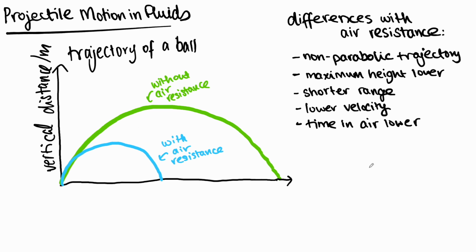You can probably see from my terrible graph that in the one with air resistance, the trajectory is no longer parabolic, so it's not completely symmetrical. The maximum height is lower, the range is lower, the velocity is lower, and the time that it is in the air for is lower.